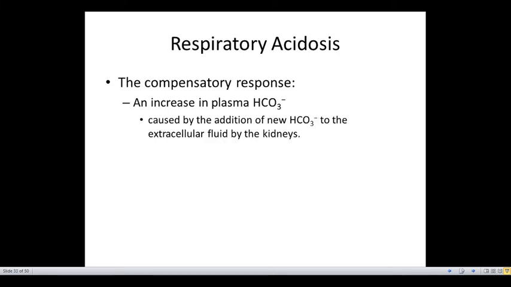The compensatory response in respiratory acidosis is an increase in plasma bicarbonate ions caused by the addition of new bicarbonate ions to the extracellular fluid by the kidneys.